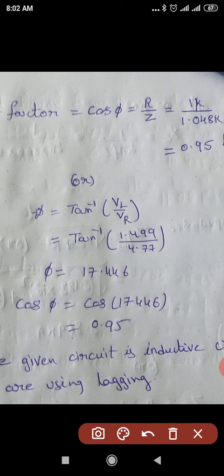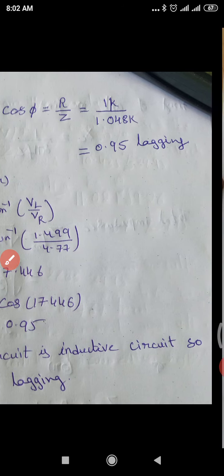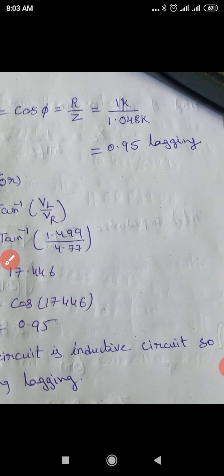So we find the power factor is also right. So it is better to cross check in our exam whether the calculated value is right or wrong. Okay? So these are the examples for calculation of the values in the RL circuit.